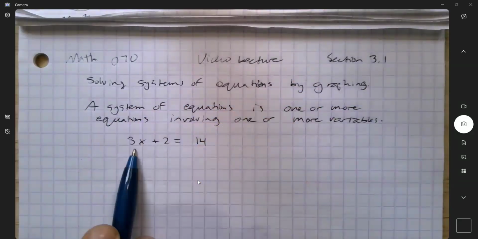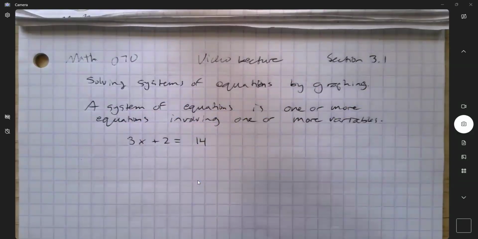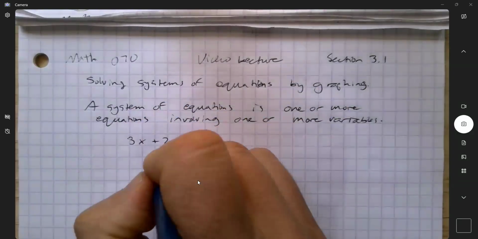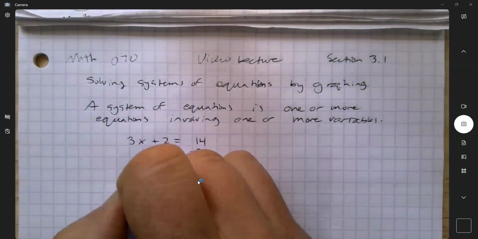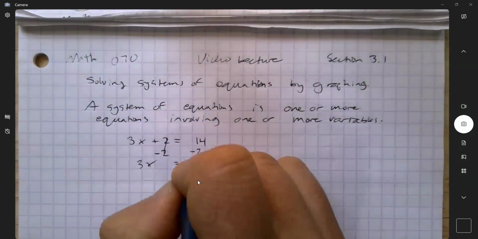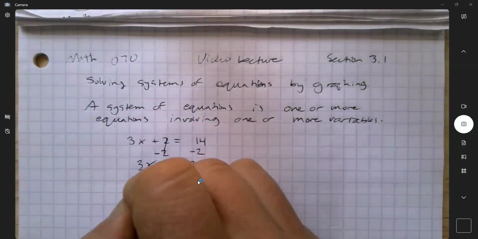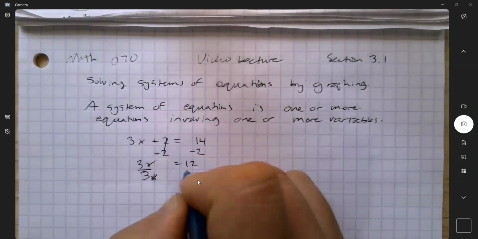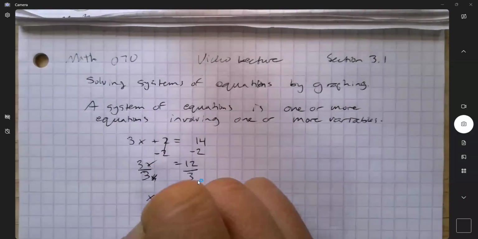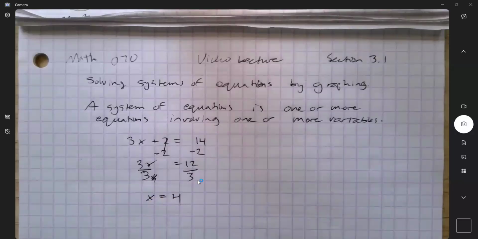That's one equation and it has one variable. And to solve it, we want to determine what our variables are equal to. In this simple system of equations, X is equal to 4.